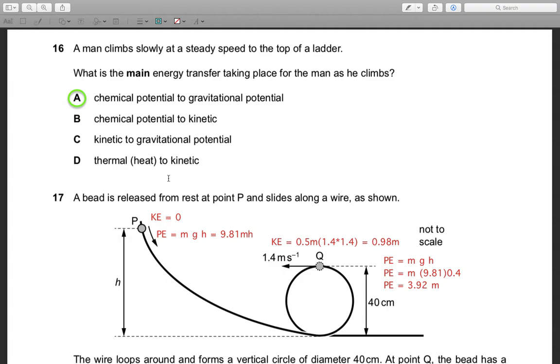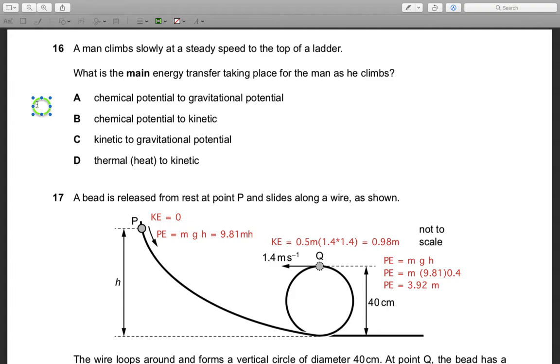This is about chemical potential. Let me decide it first: is this the wrong or correct answer? Chemical potential to kinetic, or kinetic to gravitational potential, or thermal heat to kinetic. The man already has kinetic energy and already has potential energy.